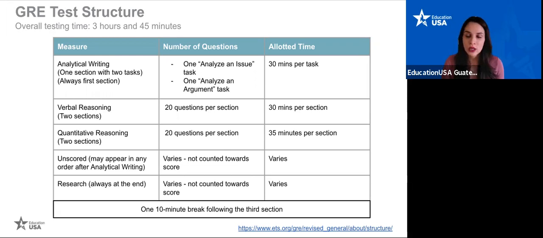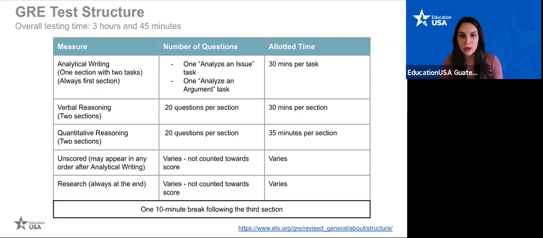It has 20 questions per section, also 30 minutes per section. And then we'll have the quantitative reasoning part, which also has 2 sections, with 35 minutes per section.